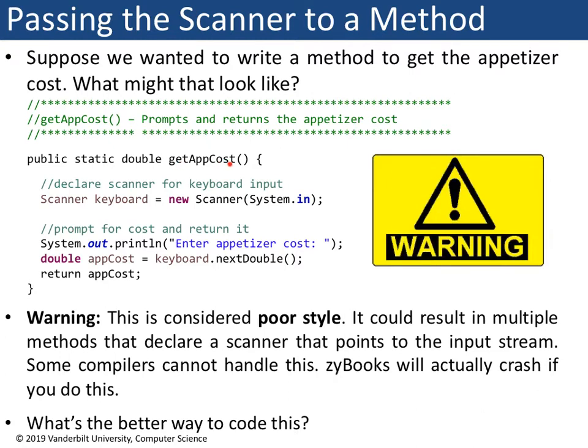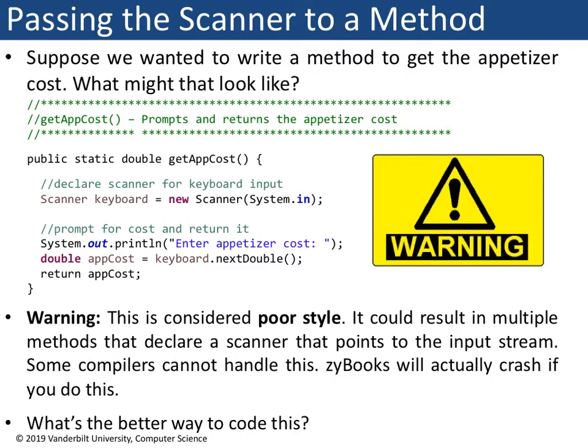We have the name, which is getAppCost, and we have no parameters because we don't need to pass anything into it. So our first statement in this method creates a scanner object, and we're calling it keyboard, and we will use this keyboard scanner to get the double that the user types in. So we use a print line statement to request that the user enter the appetizer cost.